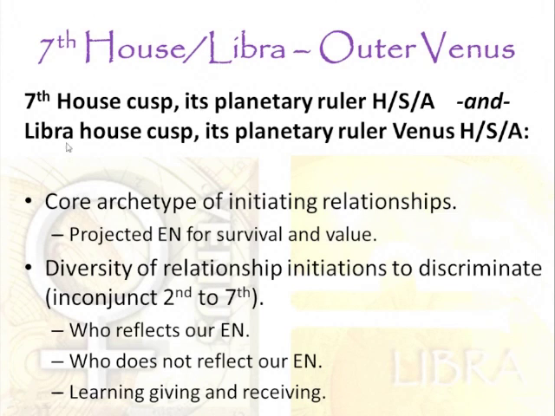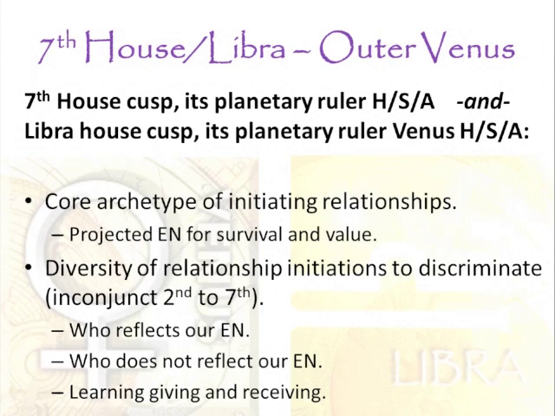But we will look at where the Libra house cusp is, and then of course Venus itself by house, sign, aspect. So what that 7th house cusp represents is this core archetype of initiating relationship outside of ourselves. This is where we project our essential needs, that 2nd house, out there to survive with another and to discover what we value outside of ourselves and to have another meet those values outside of ourselves.